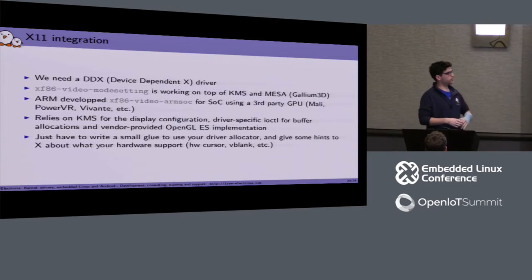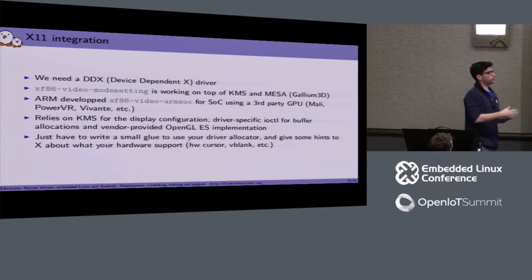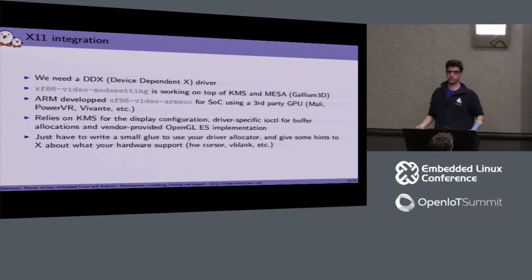It relies on KMS as well for the display side, and on driver-specific IOCTLs to allocate buffers, like we've seen a bit earlier. Then it relies on the vendor-provided OpenGL implementation for the applications to draw directly on the buffer.